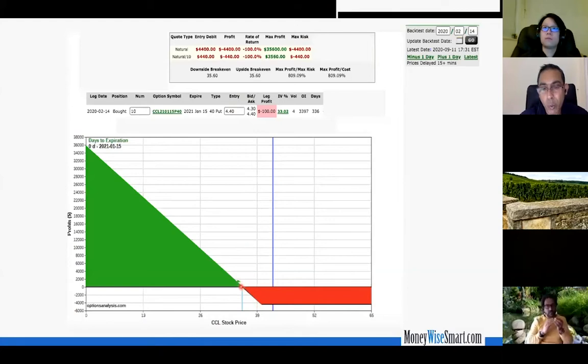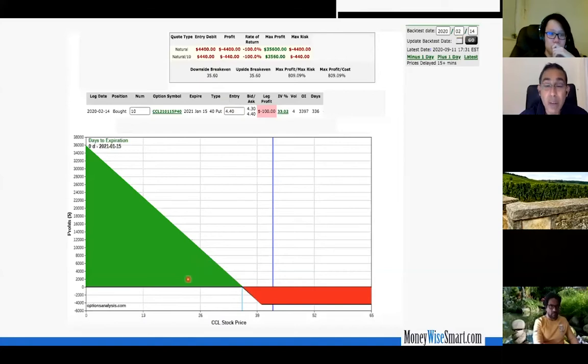The strike price of the put is my right to sell the stock, and I have spent $4.40, so 40 minus $4.40 is $35.60. That is my break-even point. So anything below $35.60, I start making a profit for owning this put option.